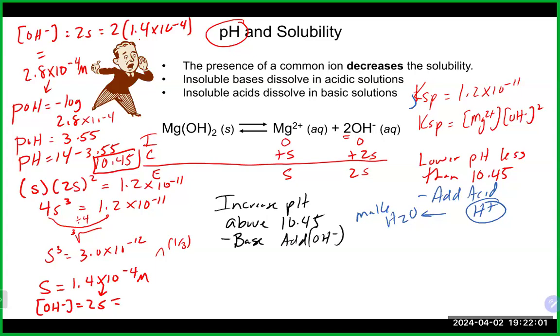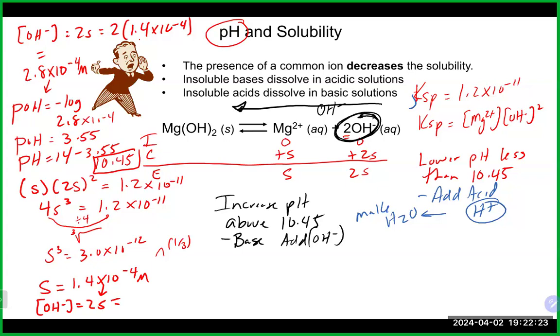That means that I'm going to add some hydroxide to this equilibrium when I'm doing that. And we do see hydroxide in the actual equilibrium. So that would essentially mean that I'm going to be adding more products in this case, right? Which means the equilibrium then will shift towards the reactants in this case.